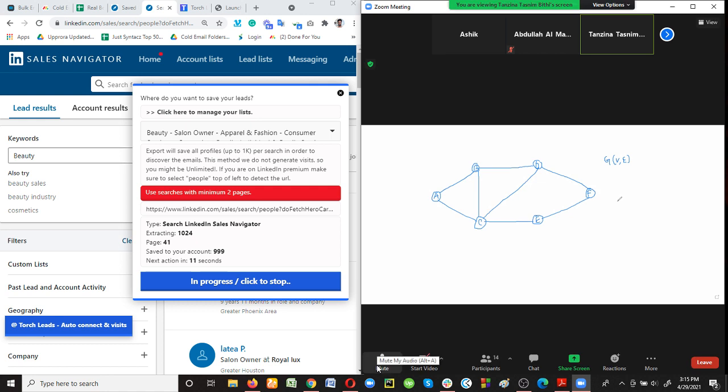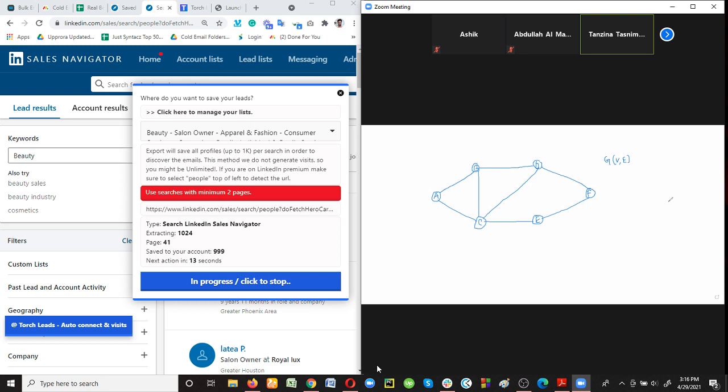The number of edges is N minus 1. The edges of the spanning tree will be a subset of the edges of this graph. That means the number of edges in the spanning tree will be less than in the graph, right?